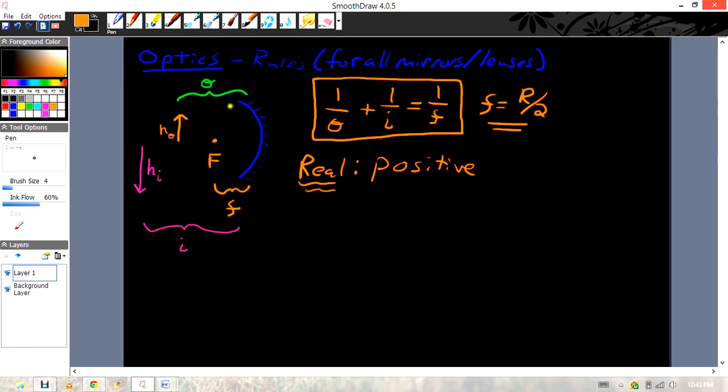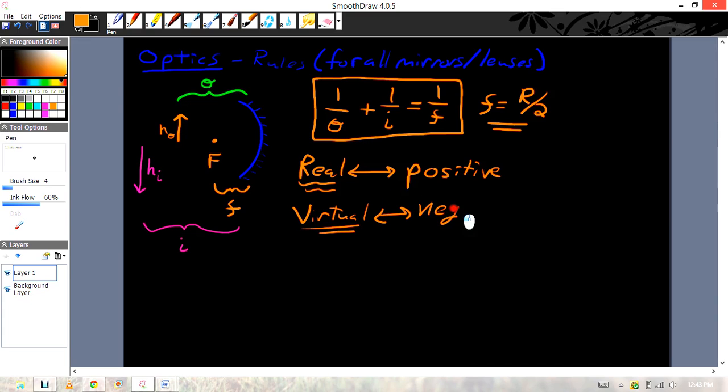I want to draw that as an arrow: real implies positive, positive implies real. And if it's virtual, meaning imaginary, then it is negative. If you end up getting a negative focus, that means it's a virtual focus. Or if you get a negative value for I, it means it's a virtual image.